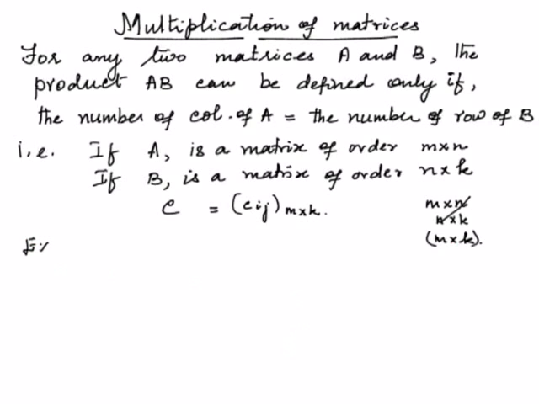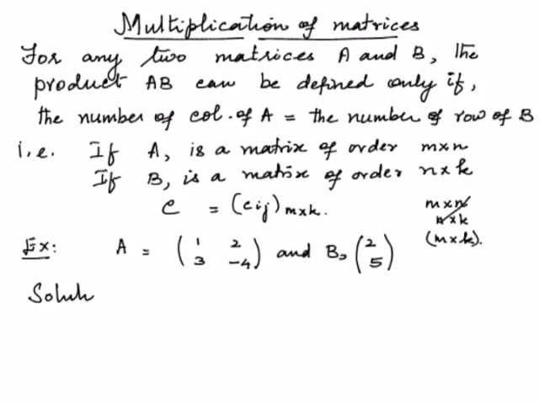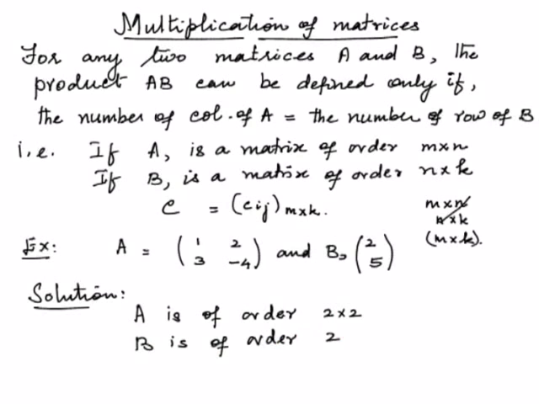Let us do a simple example to understand it. Consider a matrix A equal to [1, 2; 3, minus 4], and a matrix B equal to [2; 5]. The first step is to check whether matrix multiplication is possible or not. A is of order 2 by 2 and B is of order 2 by 1.